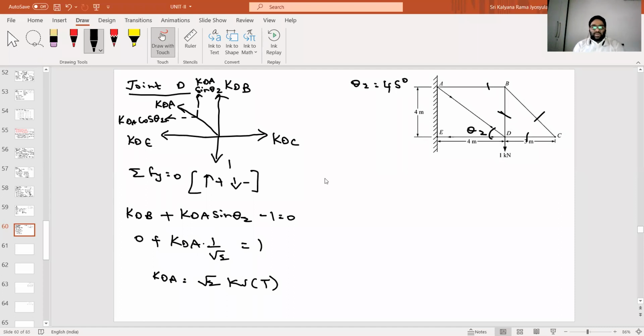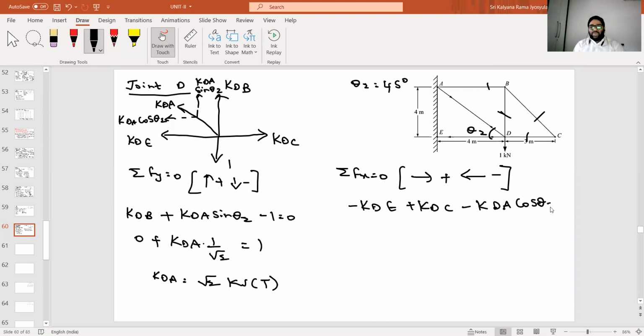Next, sigma Fx is equal to 0. This is positive and this is negative. So minus KDE plus KDC minus KDA cos theta 2 is equal to 0. KDA we already know as root 2 and KDC is 0.